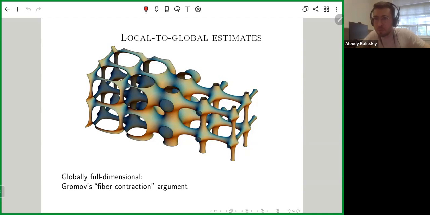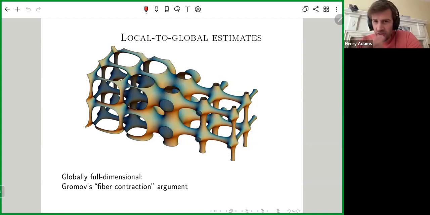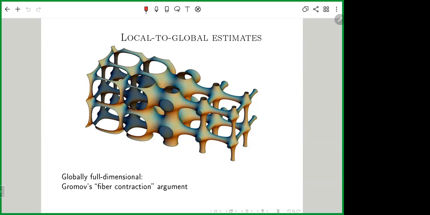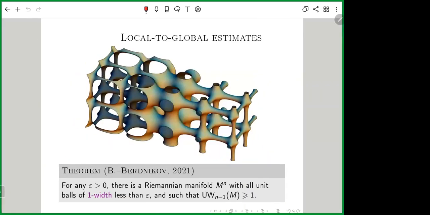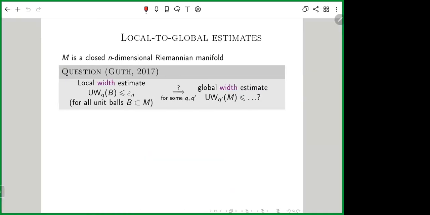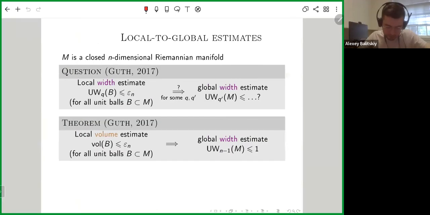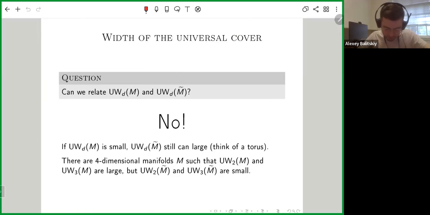There was a question in the chat which I did not notice. Could you quantify large and small? Yes. Alex, please feel free to jump in. I think this was regarding the 4-dimensional example. Yeah, it was related to this example of 4-dimensional manifolds, for which the universal cover will have small width. Maybe I just need to mention the quantifiers in the statement.